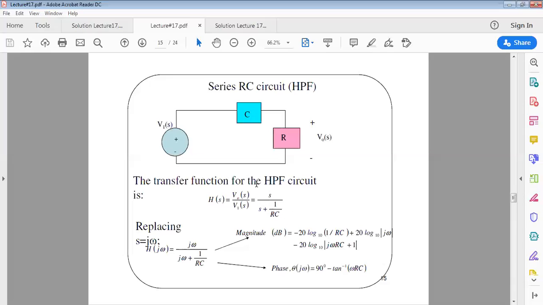This is different from the low-pass filter, because for the low-pass filter, if you recall, the transfer function consists of a constant and a real pole. But for the high-pass filter, it consists of a zero at the origin and a real pole. So that is the transfer function for the high-pass filter.